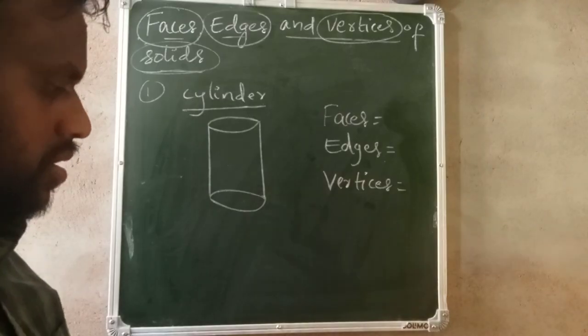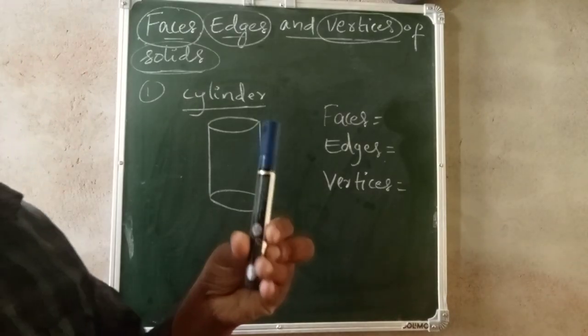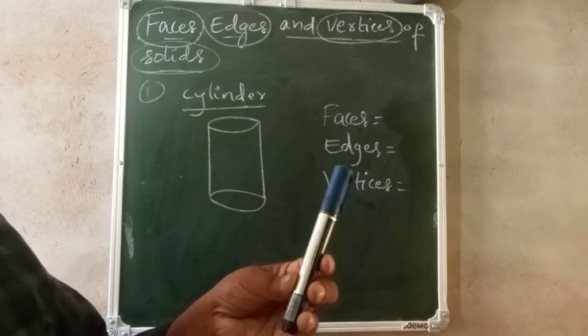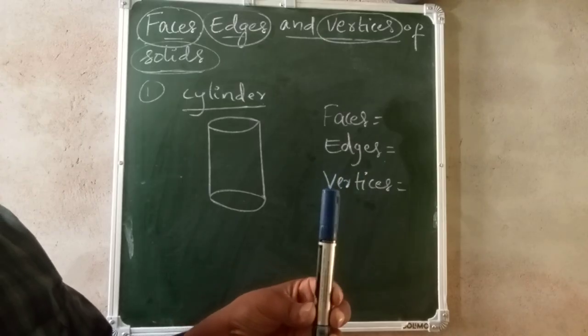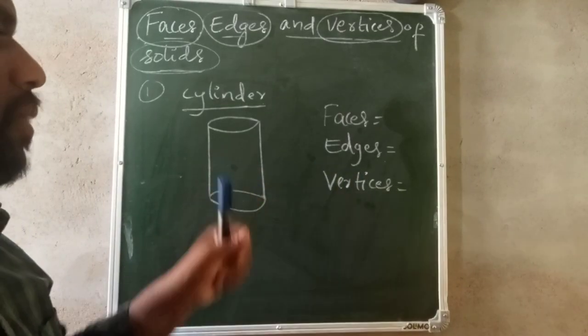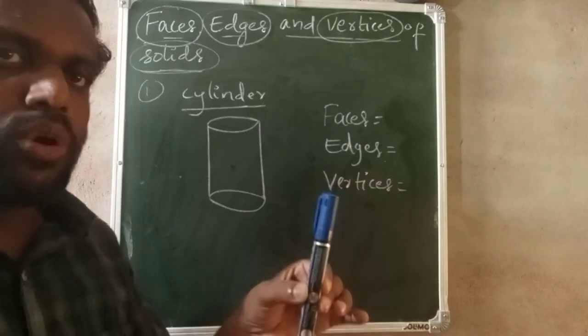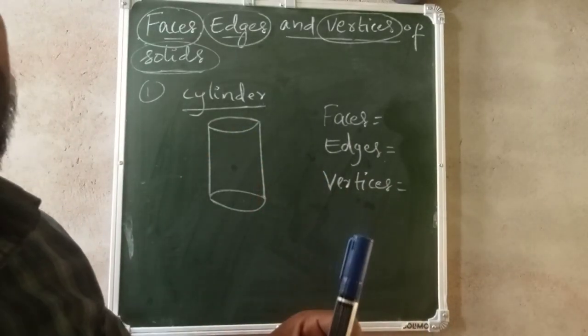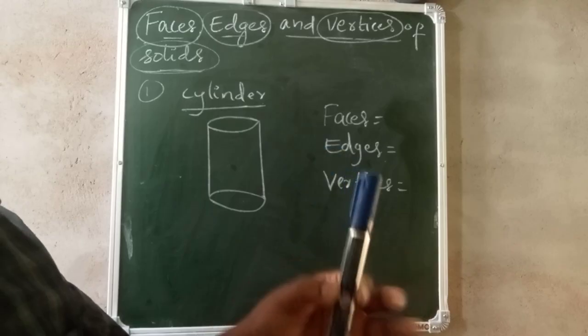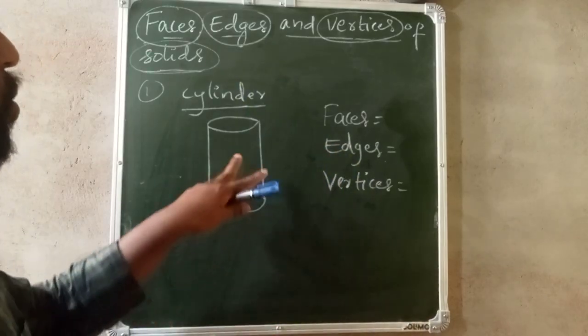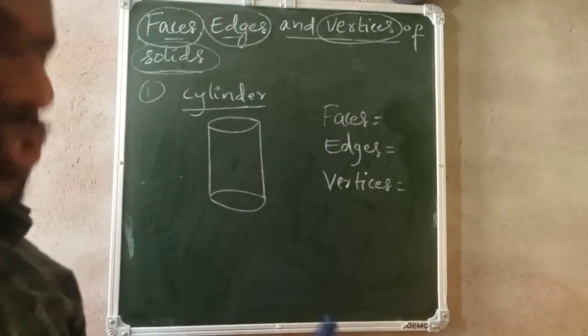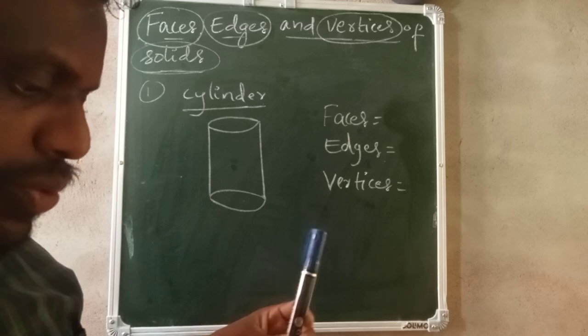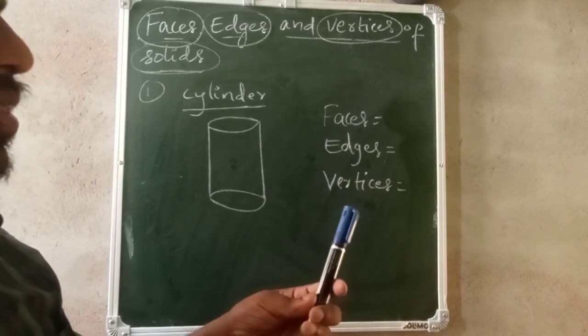See, pen is there, no? It actually looks like a cylinder only. This pen is not exactly a cylinder, but it looks like one, so that I can explain the faces.